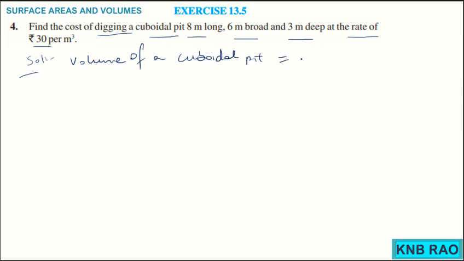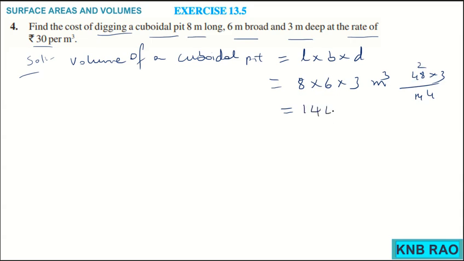The volume is length into breadth into depth, that is 8 into 6 into 3 meter cube, and for 1 meter cube 30 rupees you have to pay, so if you multiply this volume by 30 rupees you will get the cost. So 8 6s are 48, 48 into 3, 8 3s 24 and 4 3s 12 plus 2 is 14, 144 meter cube is the volume of the cuboidal pit.